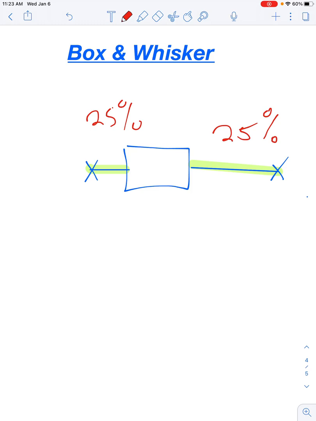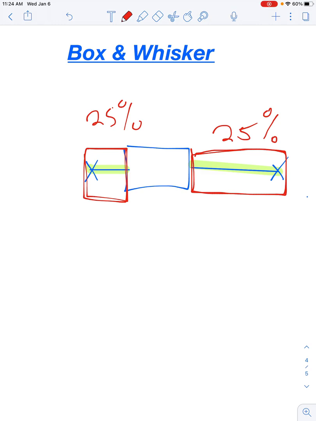And the reason why it is what it is, is because with these guys right here, 25% of the data is still there, but the numbers are really close together. And when your numbers are really close together, they don't have that big of a range. As a result, you get a really small section. However, this is still only 25% of your data over here, but the difference is that they are spread further apart.